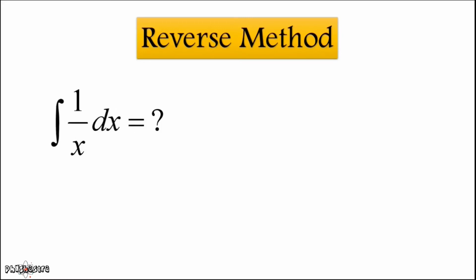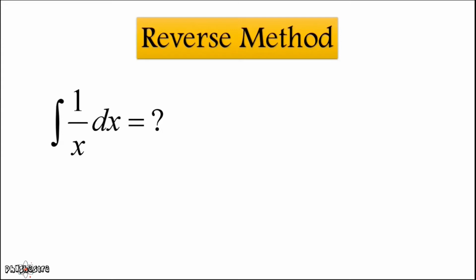For that, our logic will tell us to take that x to the numerator. So when it is in the denominator as x raised to 1, it will become x raised to minus 1. That is x raised to negative of 1. Now we will apply the formula of integration of x raised to n.